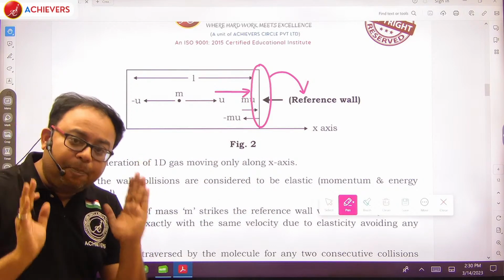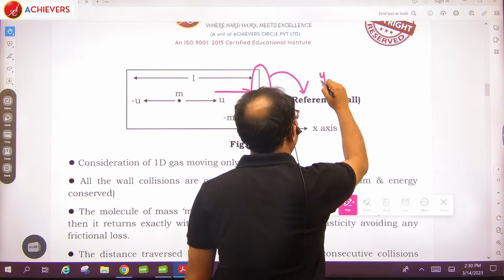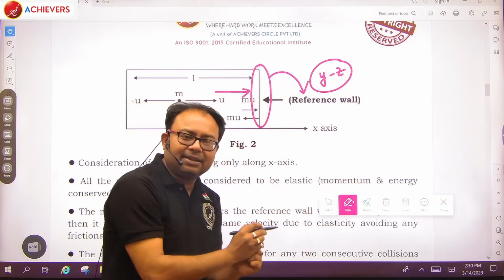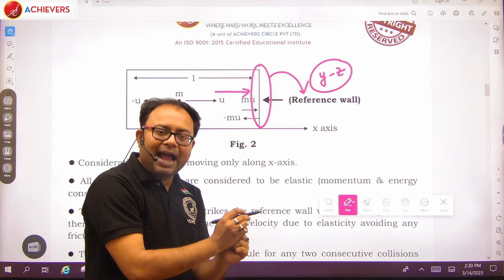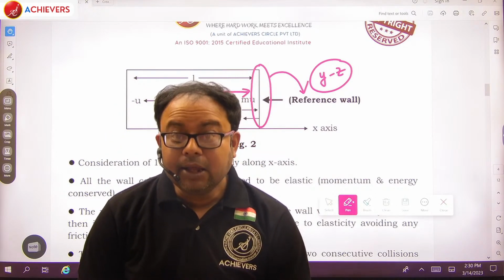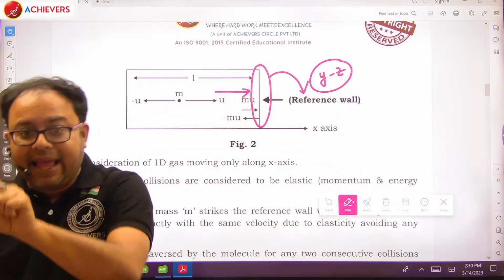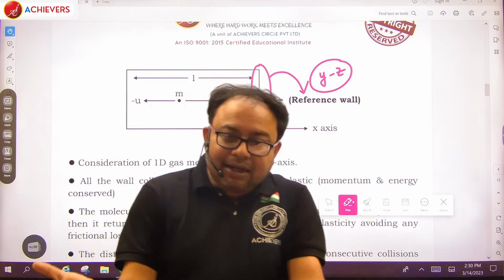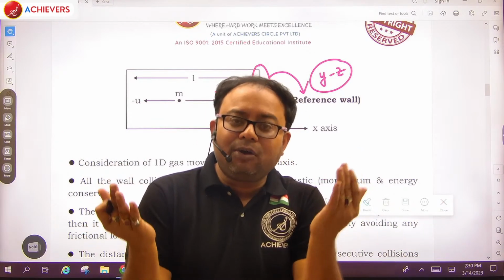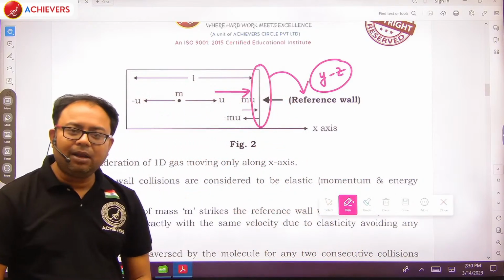So if we are considering the reference wall along the YZ plane and this to be the x-axis, then we all know that the x-axis is perpendicular to the YZ plane. So the pressure acting along the x-axis is nothing but the total pressure in context to this reference wall.